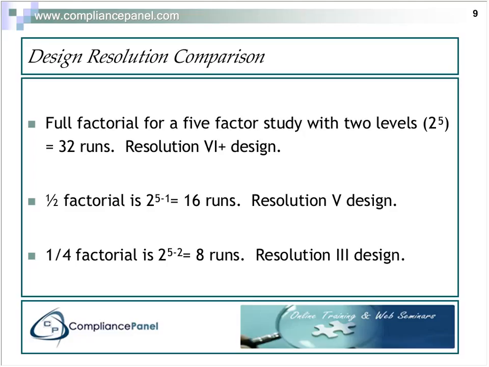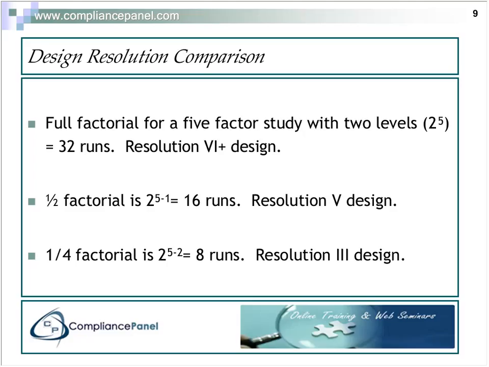Because in a small experiment like this with only 8 runs, you might not find statistical significance, and you might be forced to say, we're going to take the 3 most significant factors forward to the next set of runs. So before you get going, you want to know, am I reducing from 5 to 2 factors, from 5 to 3 factors? Am I only looking to go from 5 to 4 factors?